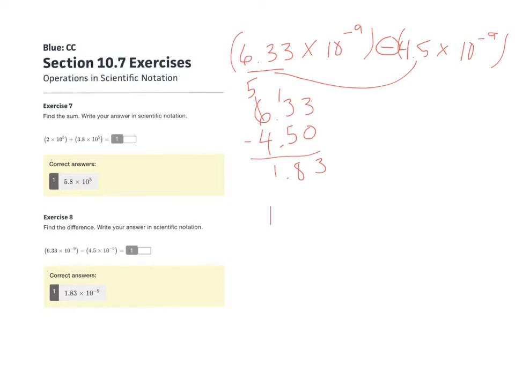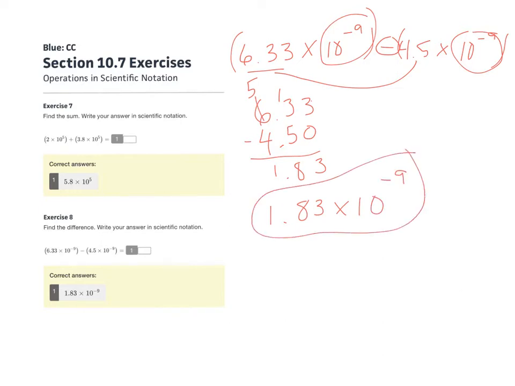So now I've got 1.83 times, and then these parts were the same, so we'll just have 10 to the negative 9th. And that's how you subtract those two scientific notations.